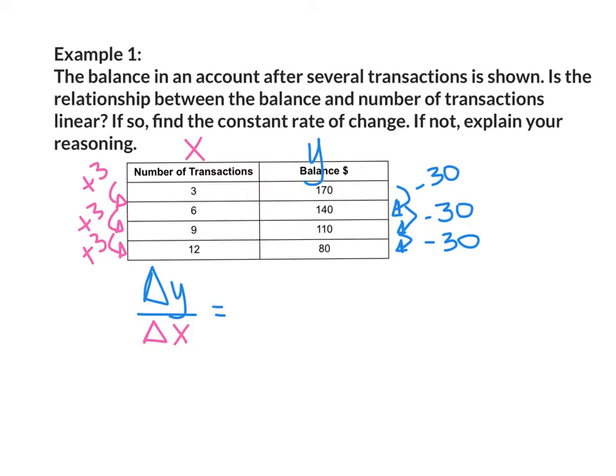So the change in y is a negative 30, and the change in x is a positive 3. So negative 30 divided by a positive 3 will give me negative 10. However, we are talking about money, so I need my dollar sign. So it would be negative $10. So since my y values and my x values are all constant, this is linear.